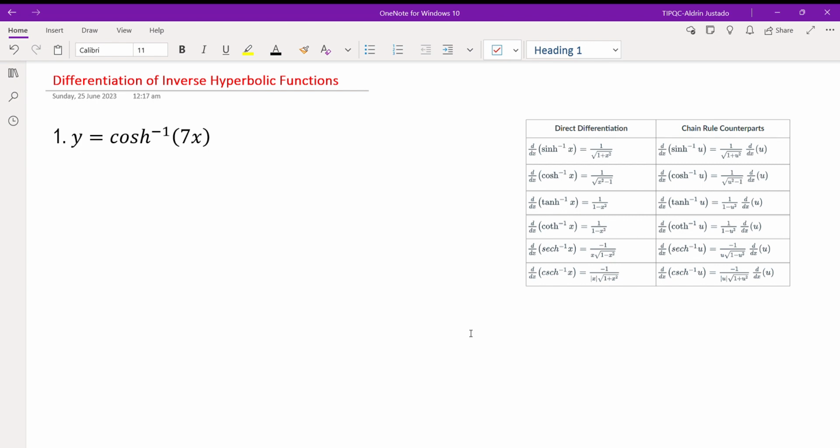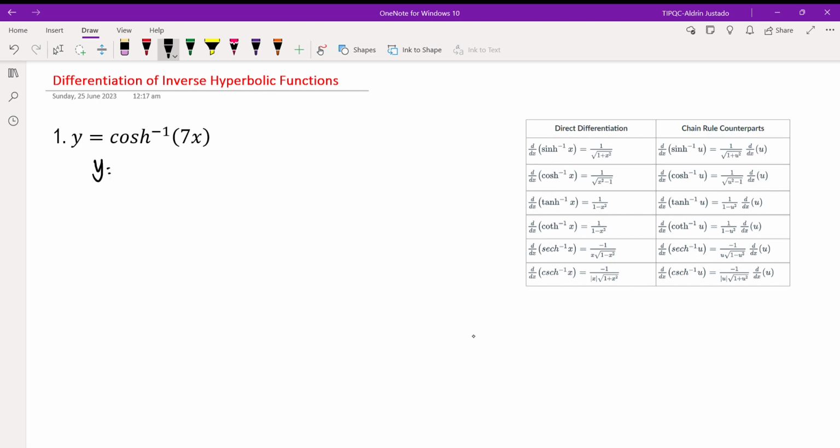Okay, so let's start to solve y is equal to inverse hyperbolic cosine of 7x. So, with this one, parang yung step niya is parang sa hyperbolic function lang din. So, you can write this as y equal to inverse hyperbolic cosine of u.